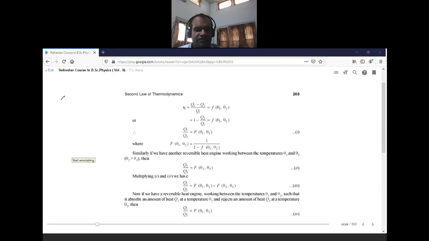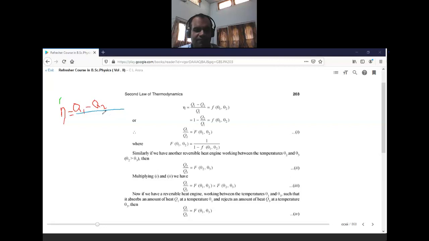Efficiency is equal to Q1 minus Q2 by Q1.